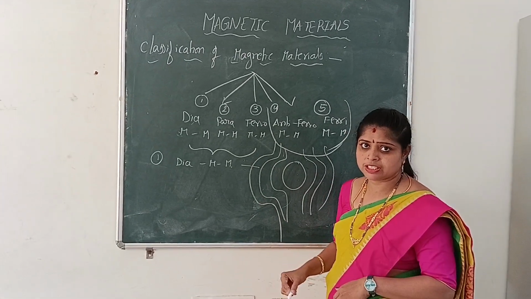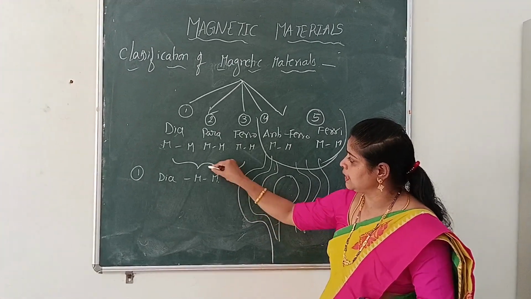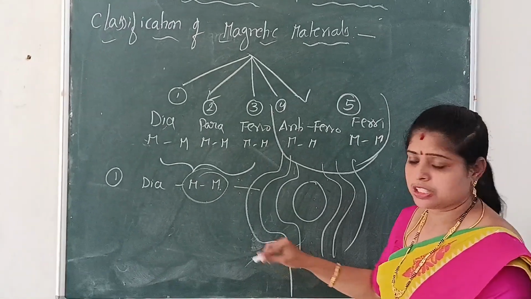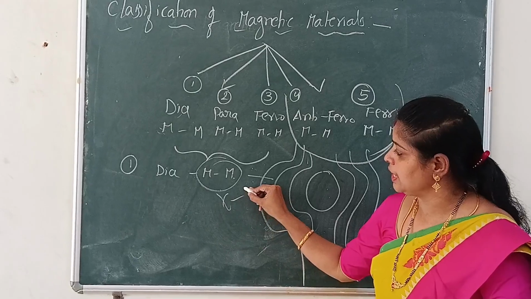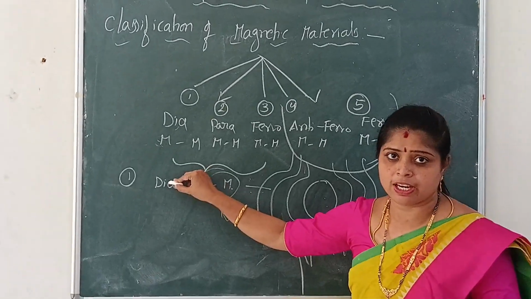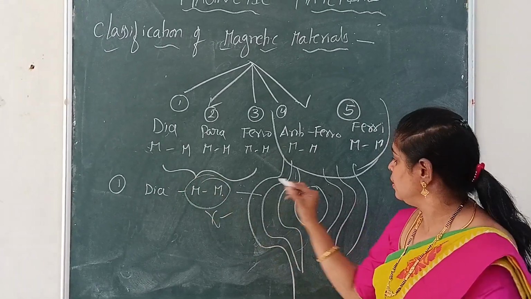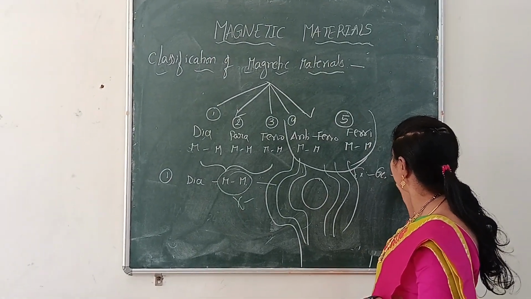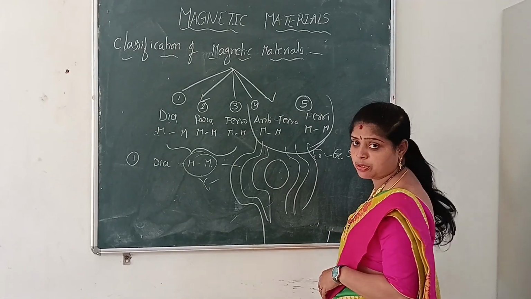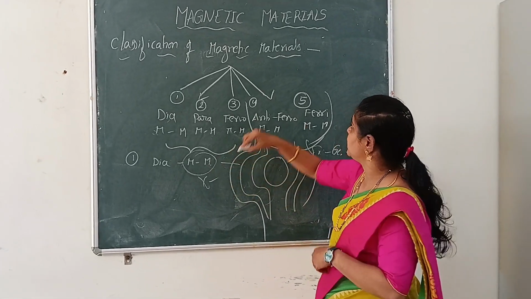The magnetic susceptibility is small and negative for diamagnetic materials. The examples are germanium, silicon, and diamond.